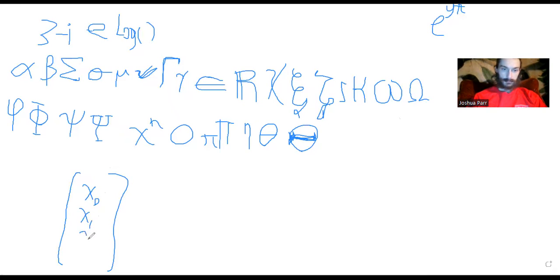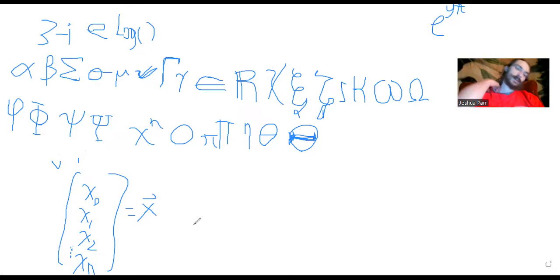x1, x2, and dots here. All right, that is a vector. We'll call that equals, that's the vector x.